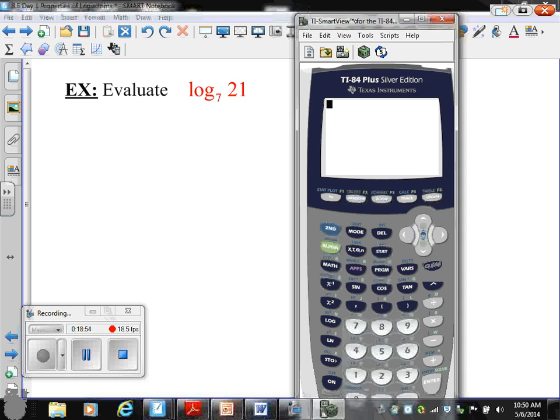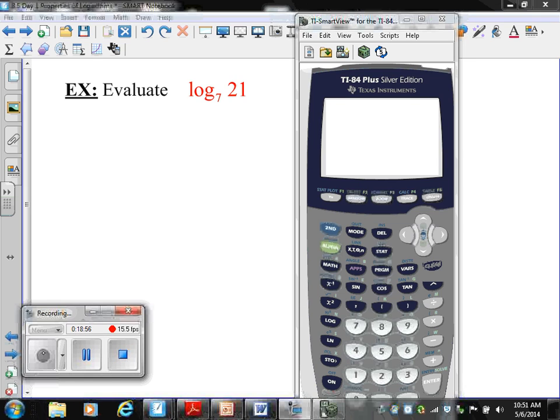We actually can just put it in the way we see it, but you have to hit a couple buttons first. We're going to hit the alpha button, right? The alpha button is right there. So you can hit alpha first, and then you can hit the button up top that says window. So hit alpha and then window, and then look at what it says for number 5.